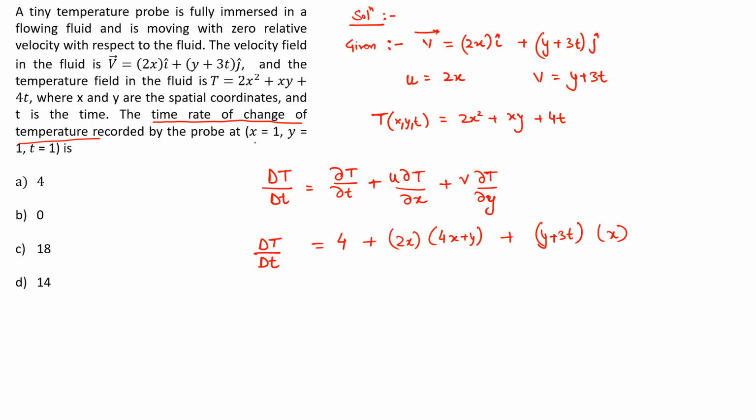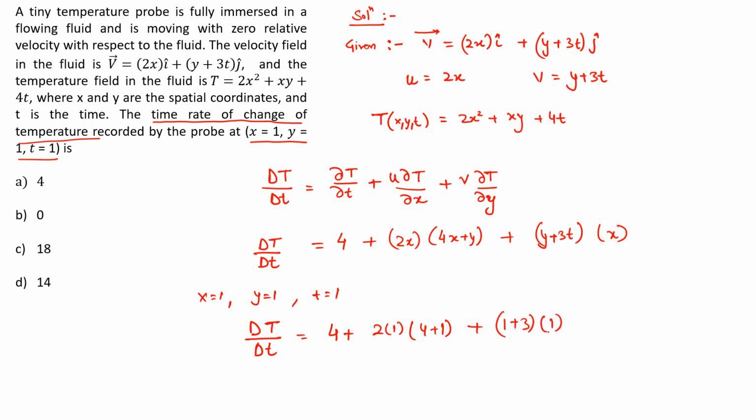Now we have to find the rate of change at this location and at this time. So let's substitute x equal to 1, y equal to 1, and t equal to 1. Then the rate of change of temperature will be 4 plus 2 times (4 plus 1) plus (1 plus 3) times 1.